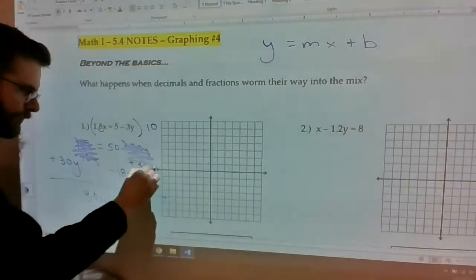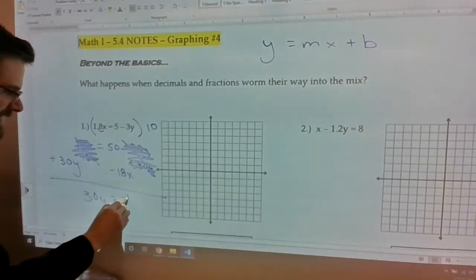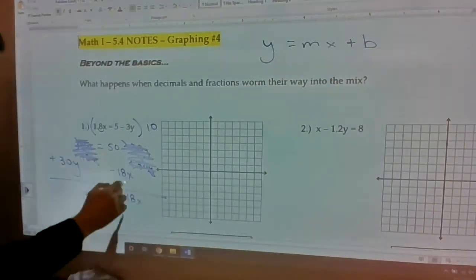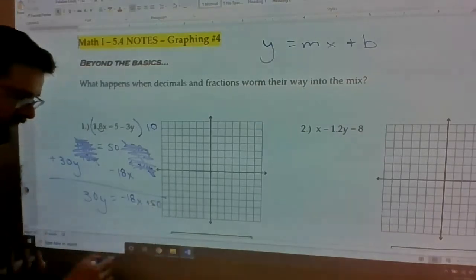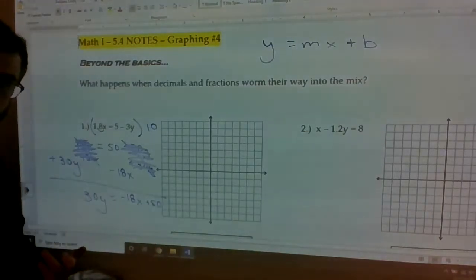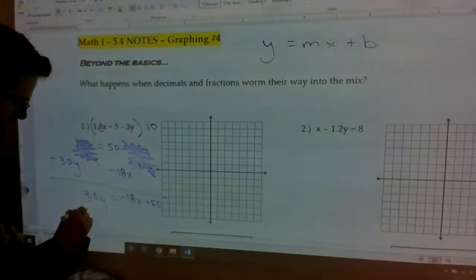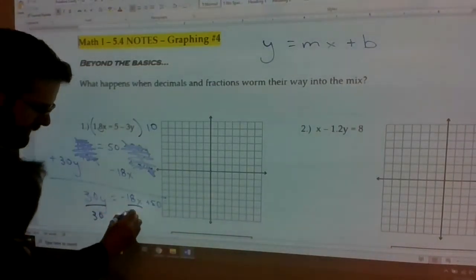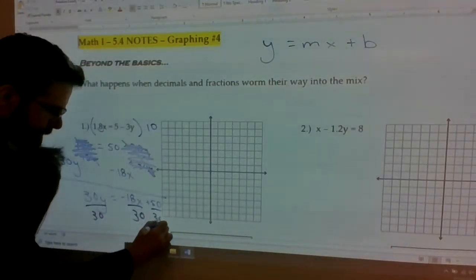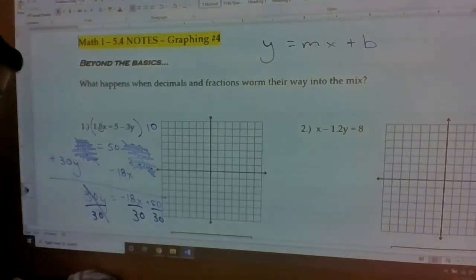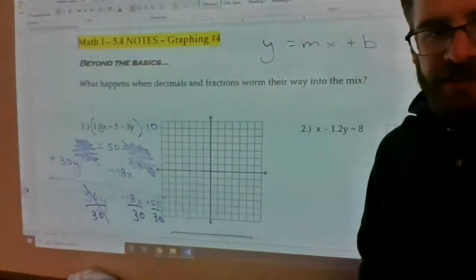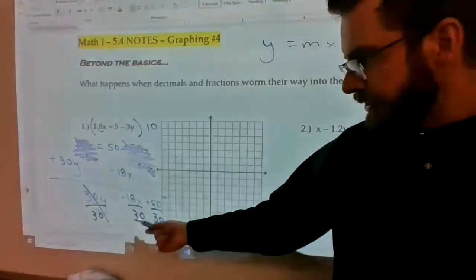This is completely gone, I'm left with negative 18x plus 50. So big numbers we're talking about right here, but those big numbers are going to be divided out by another big number. Divide by 30, divide by 30. So now we have to deal with a big fraction here.